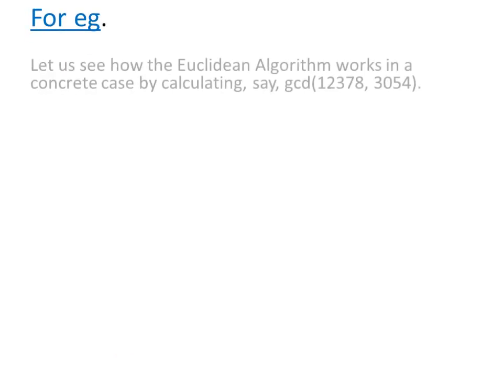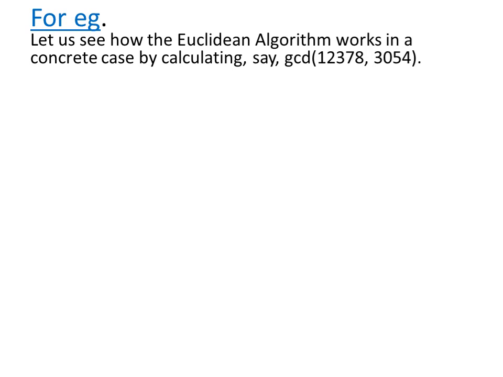Let us solve this example. We want to find the GCD of 12,378 and 3054 by using Euclid's algorithm. Here we will consider the bigger number as dividend and the smaller number as divisor.